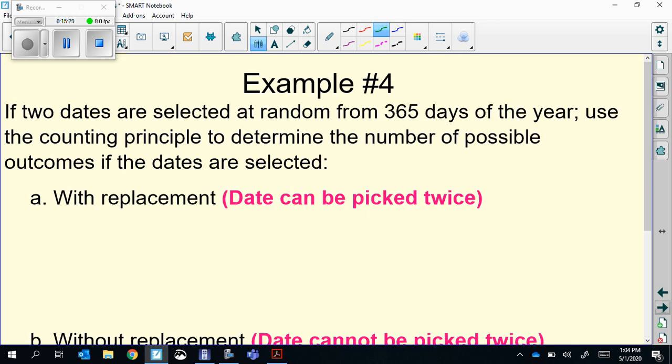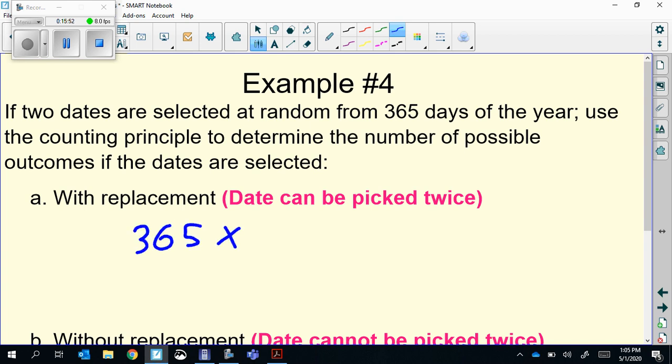If two dates are selected at random from a year of 365 days, use the counting principle to determine the number of possible outcomes if the dates are selected with replacement. So we're picking out two dates, and it can be picked twice. So that means we put it back. So the first time there's 365 options.